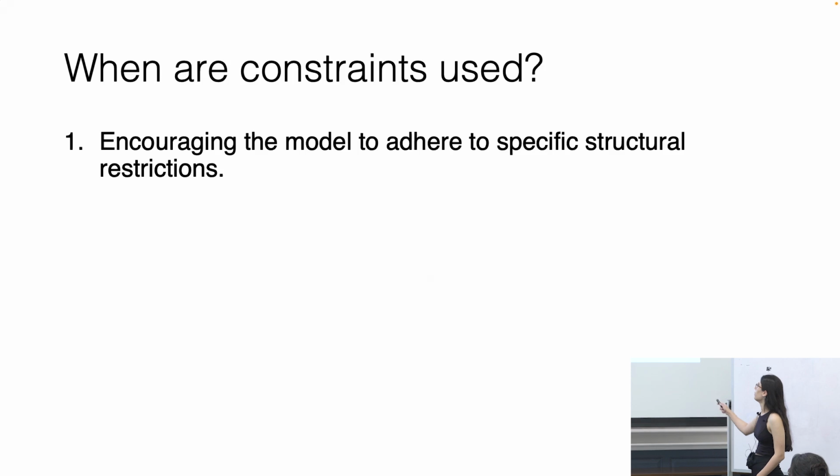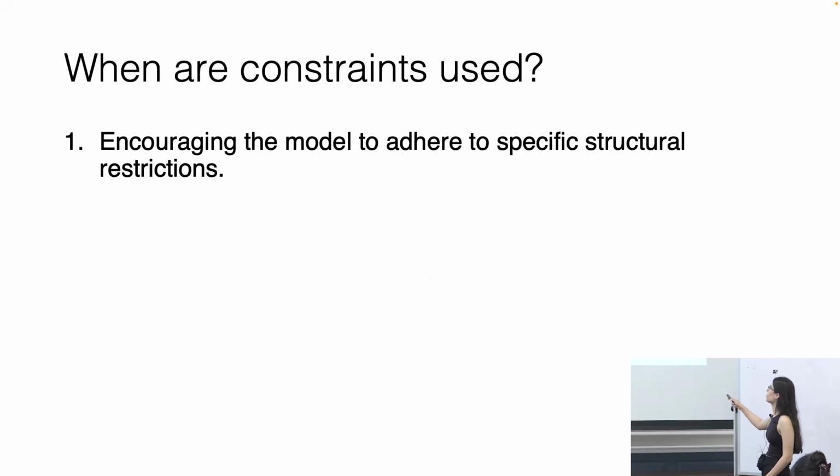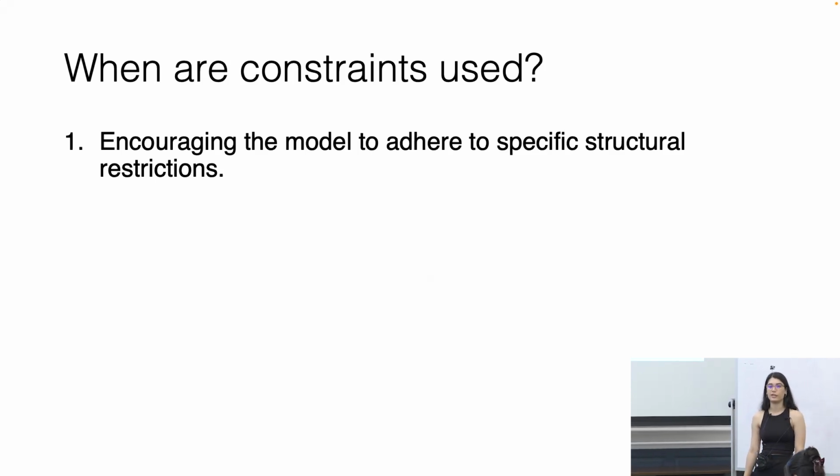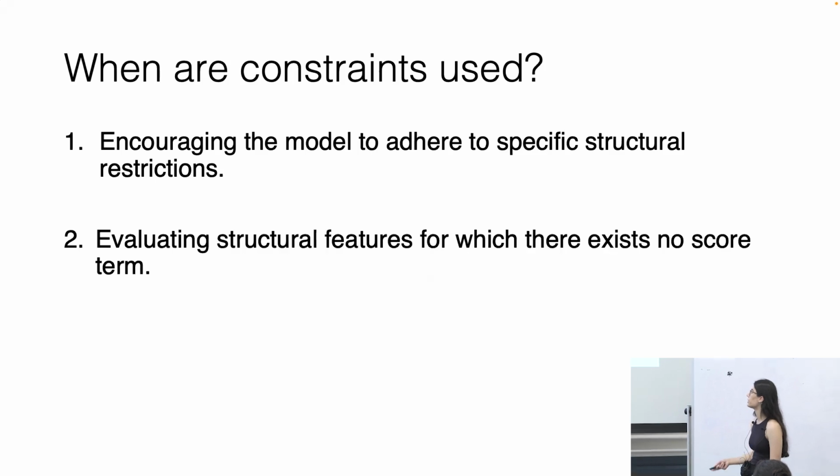So that makes sense. Let's think about how we can use constraints and what we want to do with PyRosetta specifically. So this is very clear to us, but we're going to specify very clearly exactly how the structure should be restricted. So you can have restriction at the level of residue indices, you can have it at atomic distances, you can have it for certain angles, dihedral, planar, and you can have it, let's say, at side chains, or maybe you're interested in figuring out exactly some structural feature that you're interested in conserving, but there is no score for it.